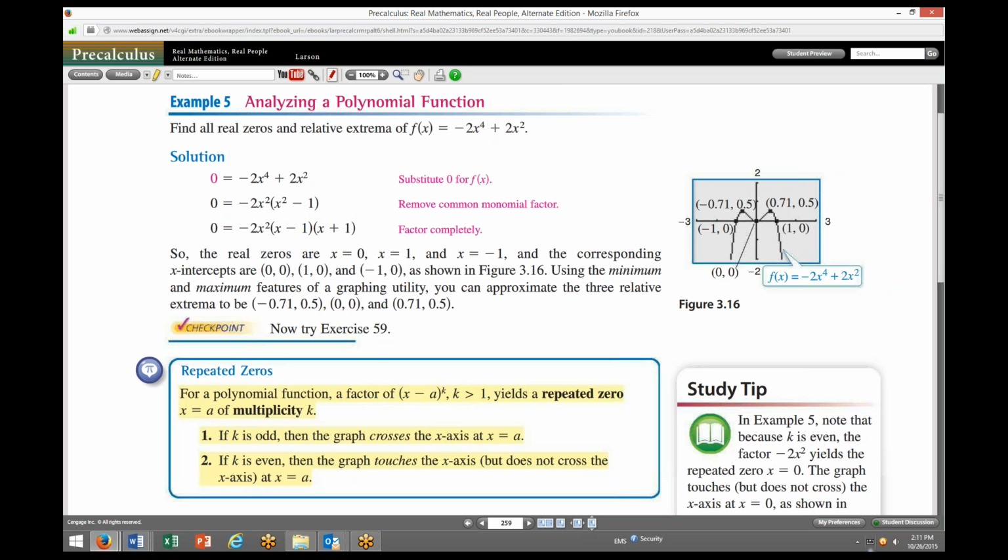In fact, it cannot be a zero of the function just one time. It has to be either 2 times or 4 times or 6 times, something like that, an even number of times.